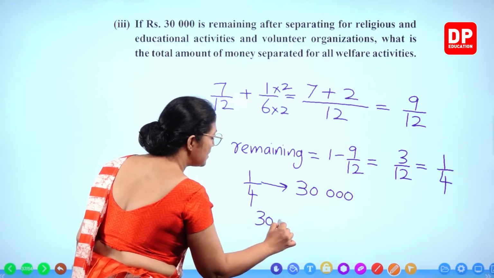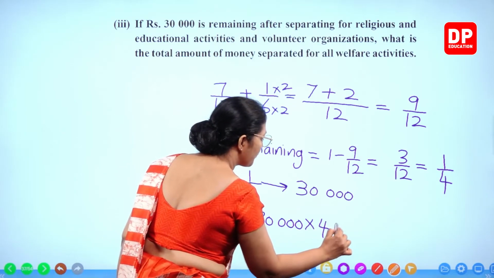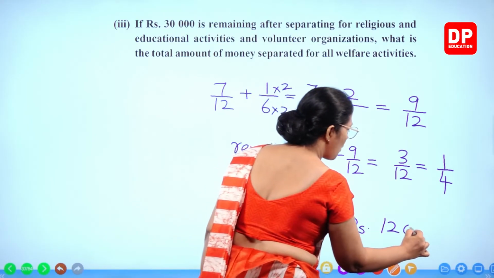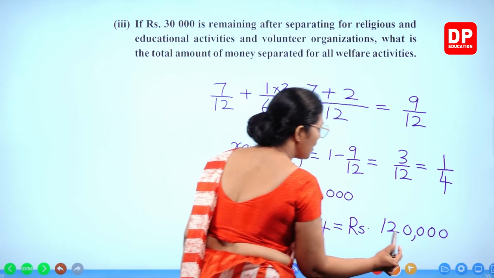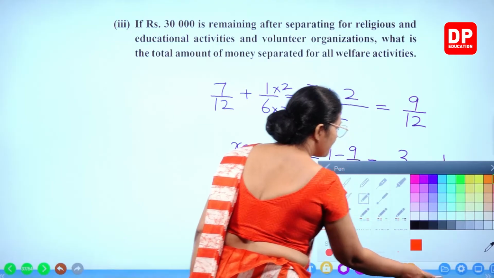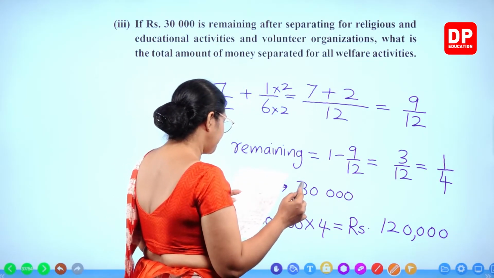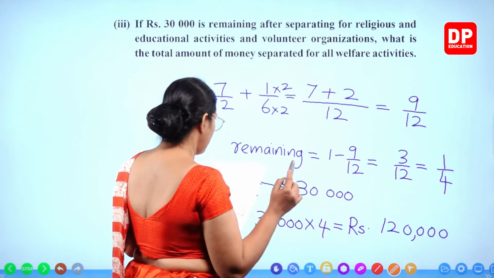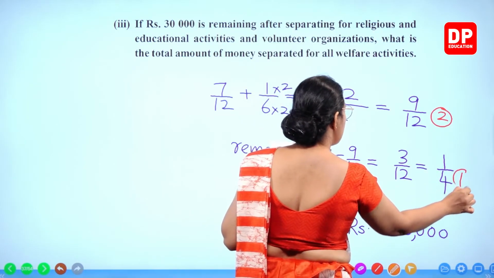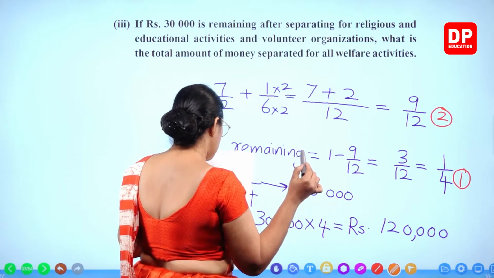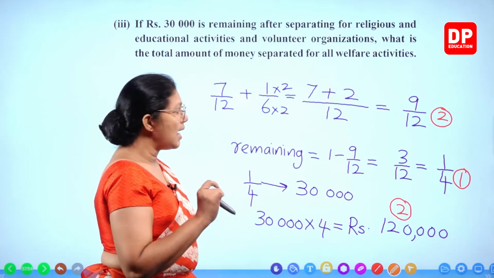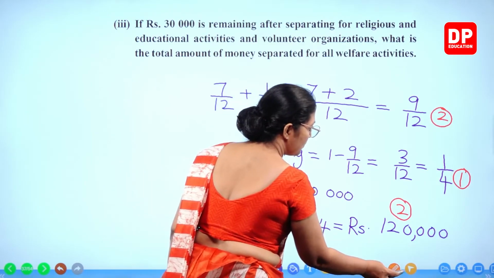You have to multiply 30,000 by 4. 3 times 4, 12, and 4 zeros. 120,000 rupees. So how many marks for that? You are getting 2 marks for finding the total and 1 mark for finding the remaining part, and finding the total amount, that's 2 marks. So we have given altogether 10 marks for the whole question.